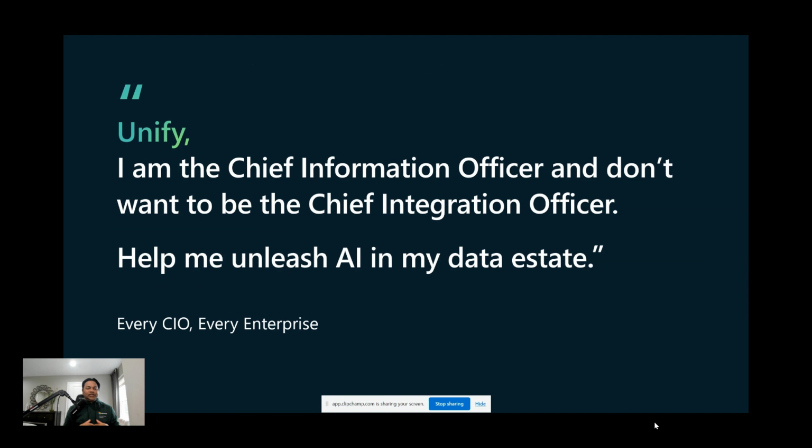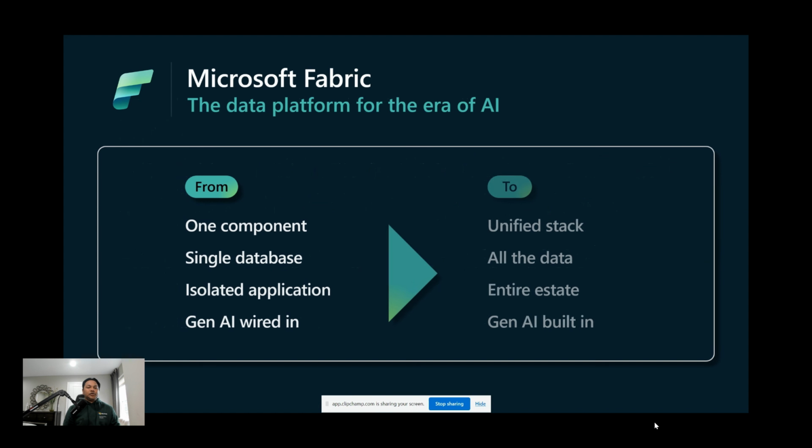So this is what CIOs everywhere are saying: we want to be the chief information officer, not the chief integration officer. We want to be able to understand what information we have and how to effectively use it. We don't want to be spending too much time integrating these services. That's what gave birth to Microsoft Fabric, because Microsoft Fabric takes you from PaaS to SaaS.